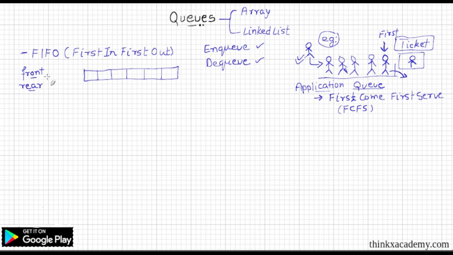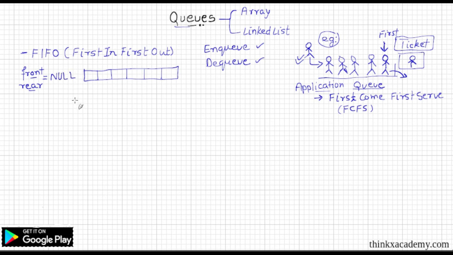So initially, when our queue is empty, the value of front and rear will be null.